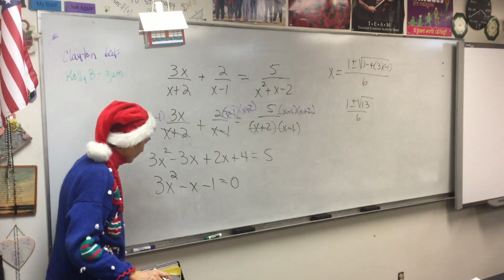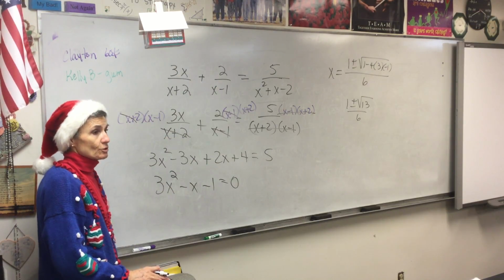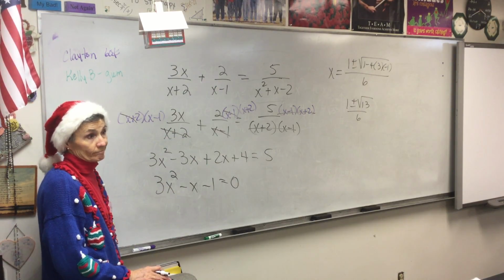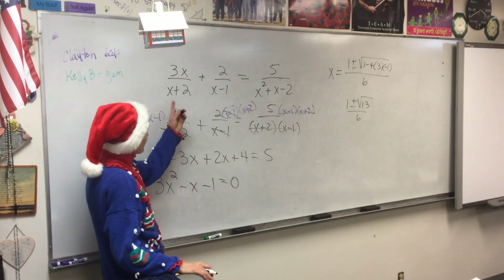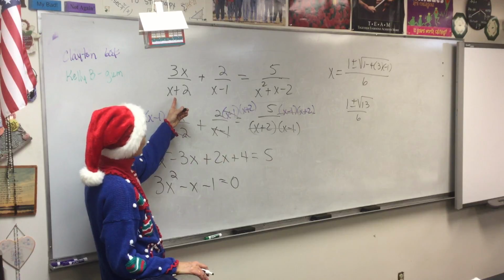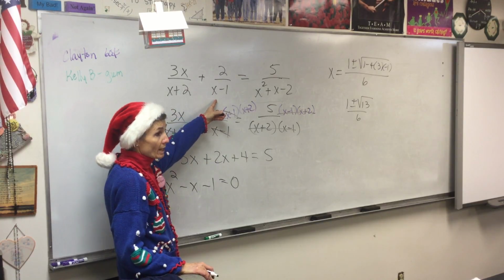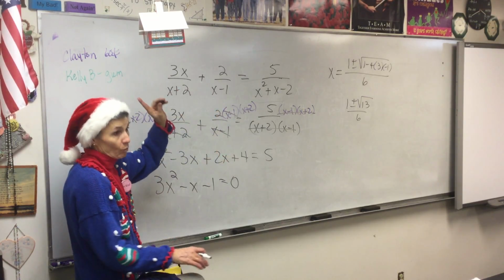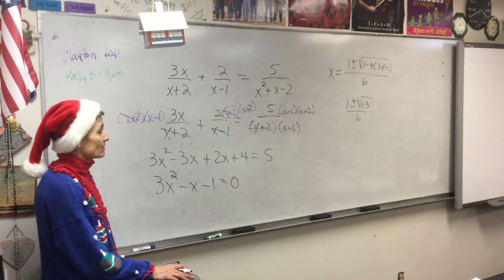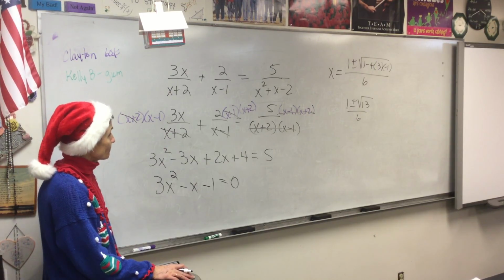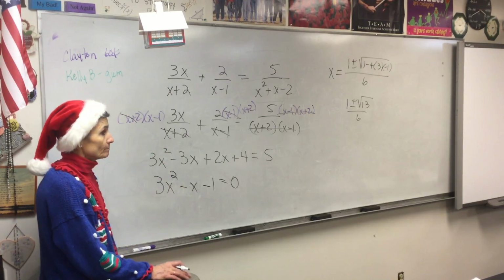And if I did my math right, those are the answers to the question. You do want to be careful on ones like this. If we happen to solve and get -2 or 1 as an answer, we'd have to throw them out because those would be what we call excluded values. Those make the denominator 0. Didn't happen, so we're good.